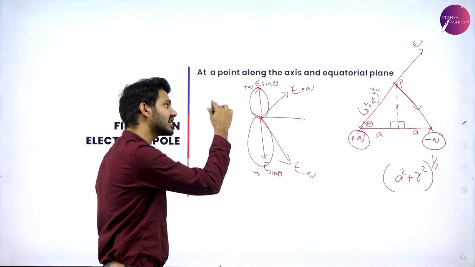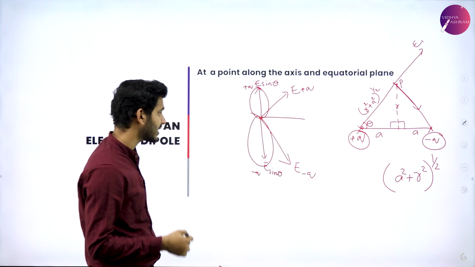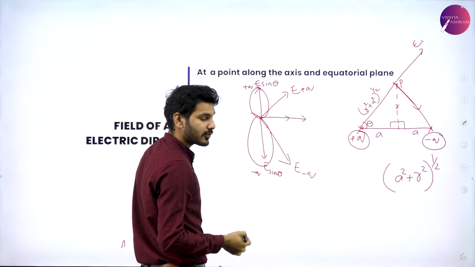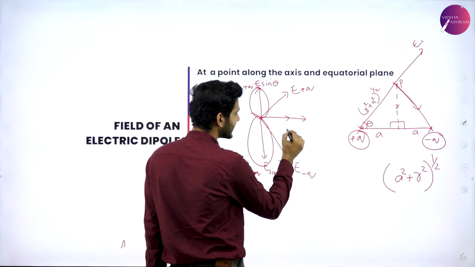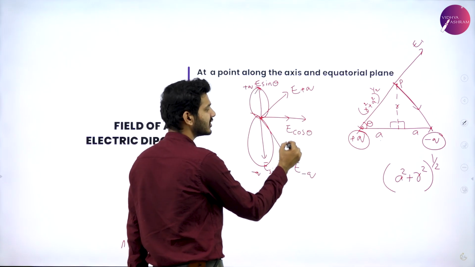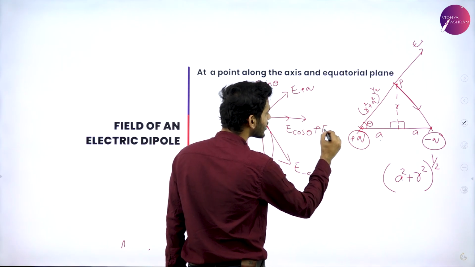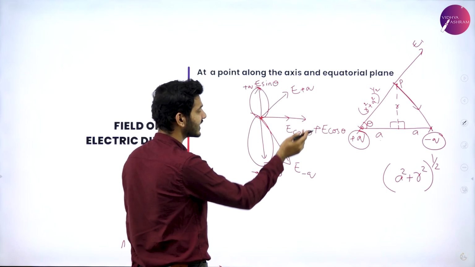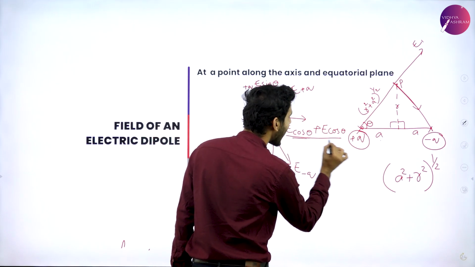So these vertical components will cancel each other out, and what is remaining? Both of the cos components are along this direction, that is E cos theta due to positive Q plus E cos theta due to negative Q are both in this direction. So both of them add up.